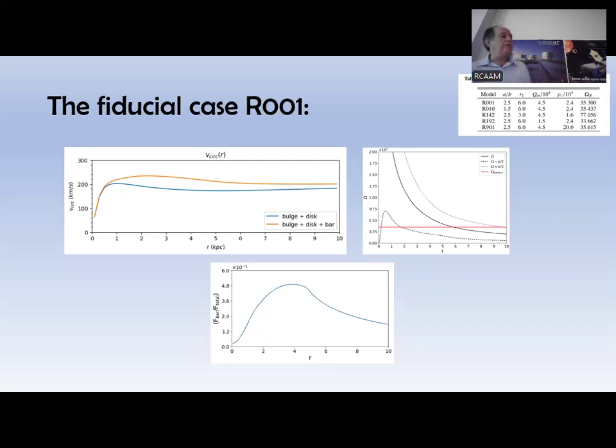And here is the fiducial case that we use, as it is a general model that has a lot of nice features. So all the rest we study as deviations from the response of this model.